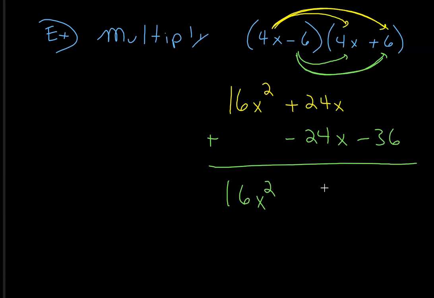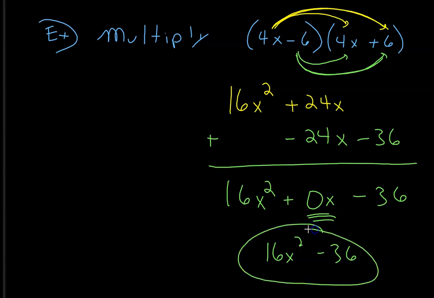So I'm just going to write plus 0x, subtract 36. So 0 times anything is just 0. So technically, because that's 0, you can really just write our answer as 16x squared subtract 36, because 0x is just 0. So our final answer there is this.